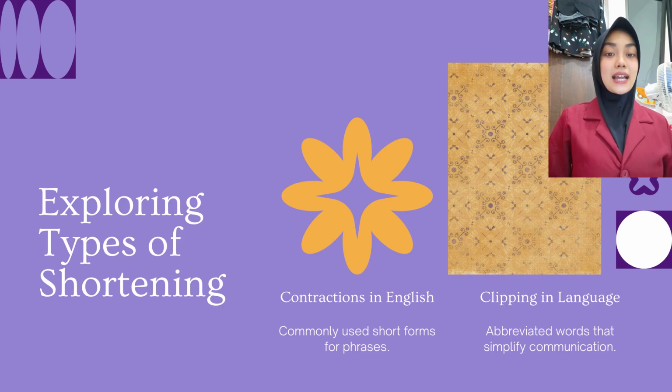And the third one is stress shortening. Stress shortening occurs when a vowel sound is shortened due to stress pattern. The example is photograph versus photographer.